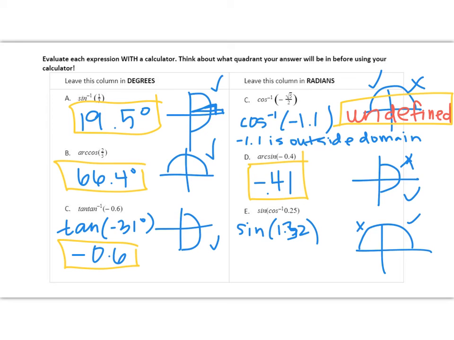If you figure out what pi/2 is, pi/2 is about 1.57. That can help you determine if the quadrant was correct. So 1.32 is less than 1.57, so you know that that is a first quadrant angle. And then take the sine of that value, and you get about 0.97.